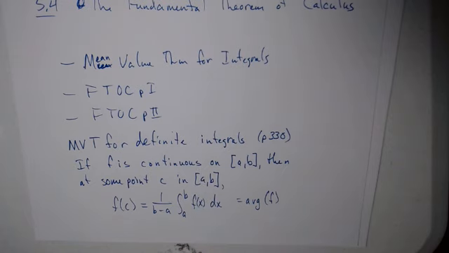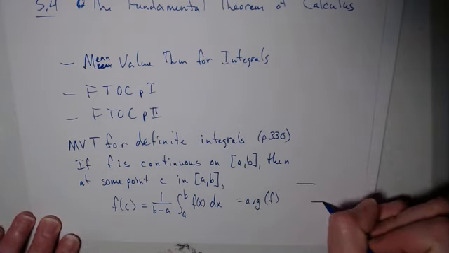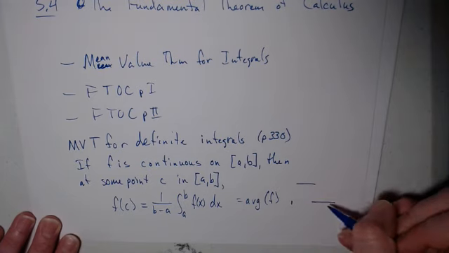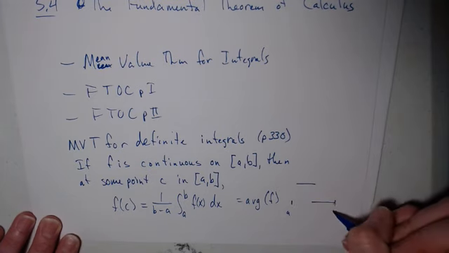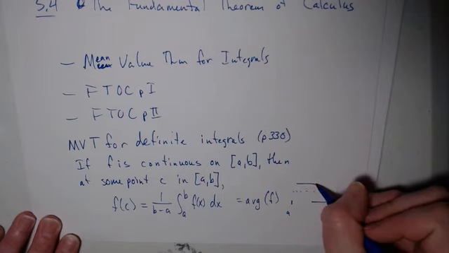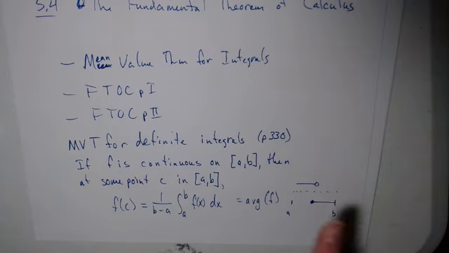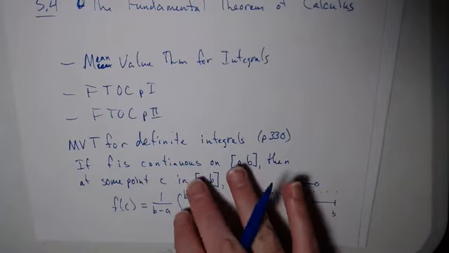If f isn't continuous, then we could have a function like this that's integrable from a to b. The average value is going to be somewhere in between, and of course it doesn't take that value anywhere. So continuity is important, but the idea is that a continuous function will take on its average value on any interval.